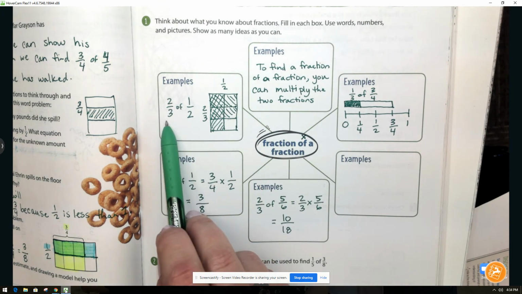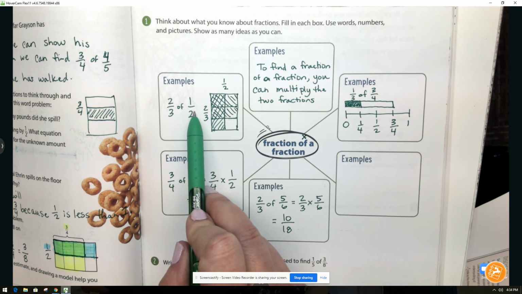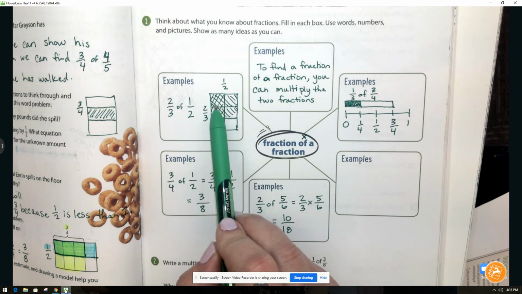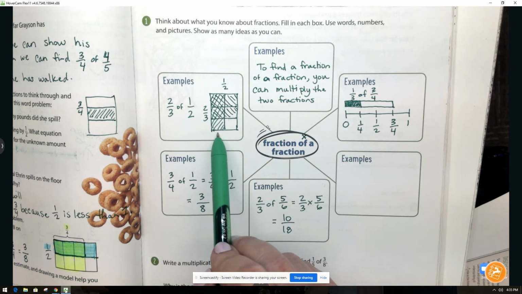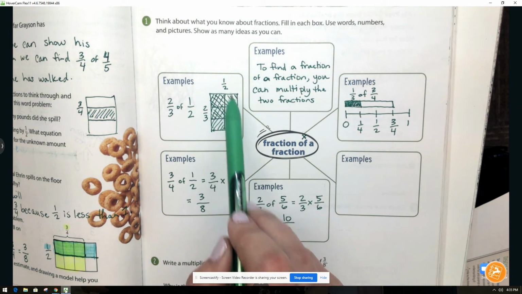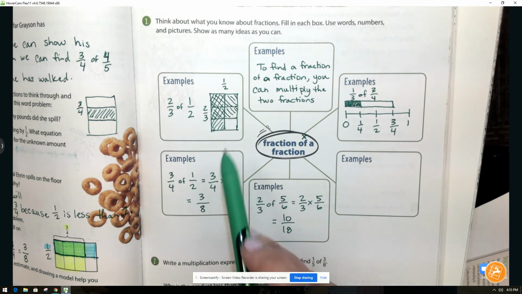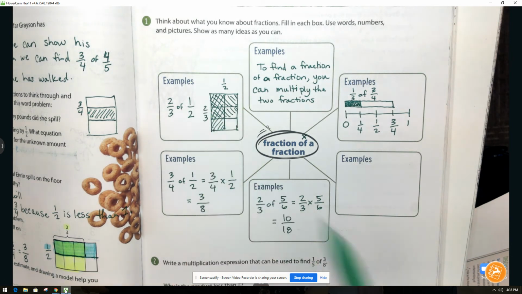So in this example here, we find that 2/3 of 1/2 in this case would be 2/6 because we drew an area model and we showed 1/2 in columns, meaning we made 2 columns and then shaded in 1/2 of it, or one column because the numerator is 1. And then we drew 2/3 on the side. We broke it into 3 rows, and then we shaded in 2 of those rows because our numerator is 2.